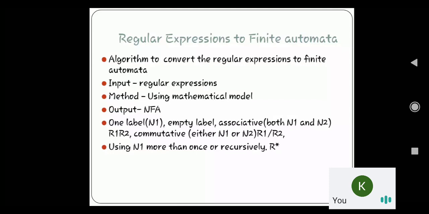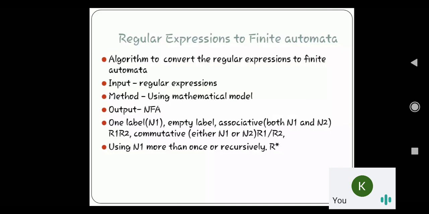In this particular algorithm, those diagrammatic representations are very important. They are in the form of an NFA, a non-deterministic finite automaton, where you will have an initial state, a final state, and various intermediate states. This diagrammatic representation, an NFA, is actually the output for this particular algorithm.